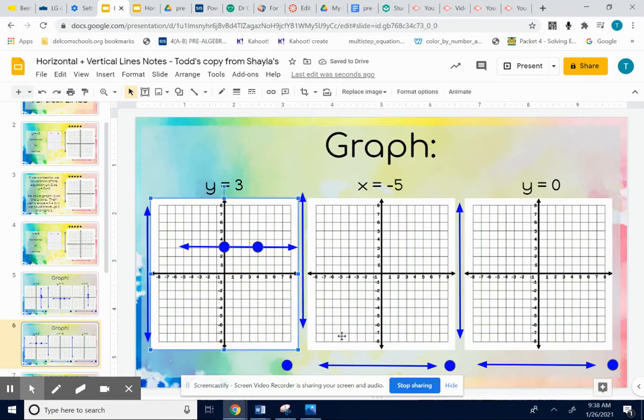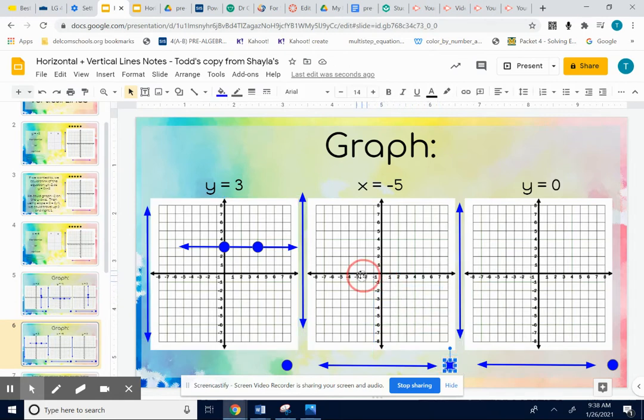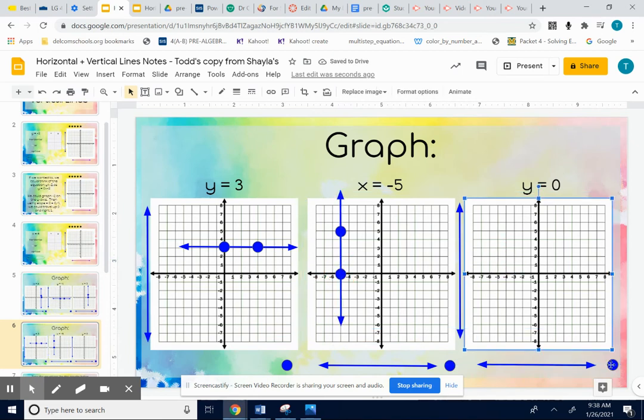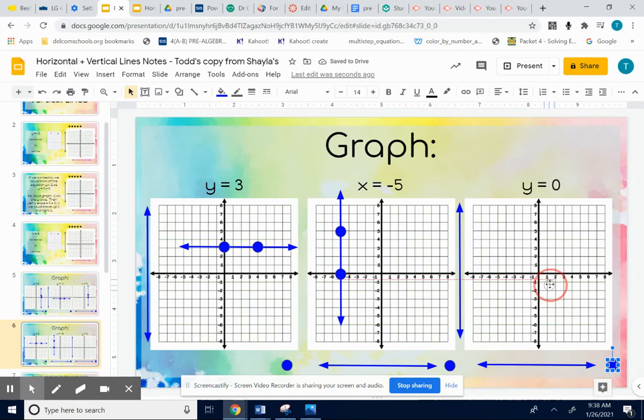Okay, x equals -5. Find points that have an x coordinate of -5, like (-5, 0), like (-5, 5). Any points you want that have an x coordinate of -5. I can tell that's going to be a vertical line. Okay, y equals 0. What about (1, 0)?